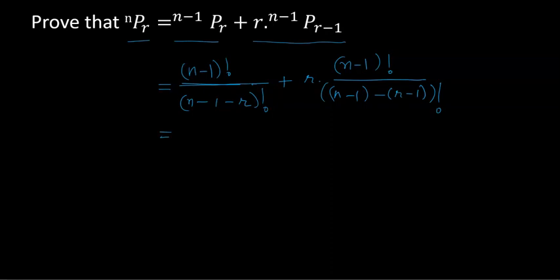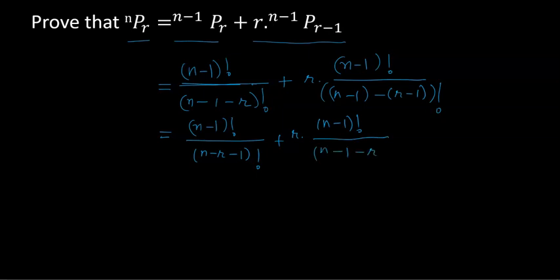So if I release the bracket on this particular side, it is going to be something like this. You can simply write it n minus 1 factorial divided by n minus r minus 1 factorial. Just rearrange the term, nothing else, and it is going to be r times n minus 1 factorial divided by, and if I open the bracket, it is going to be minus 1 minus r plus 1 factorial, which is going to cancel out.